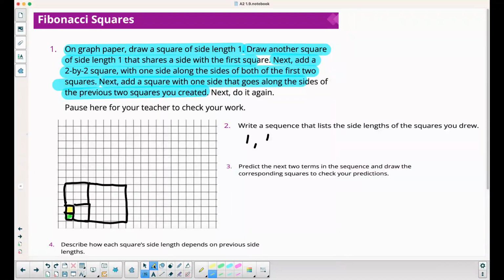The third square was right here. So that had a side length of 2. The next square was right here. That had a side length of 3. And then the last one is this big one over here, and that had a side length of 5.